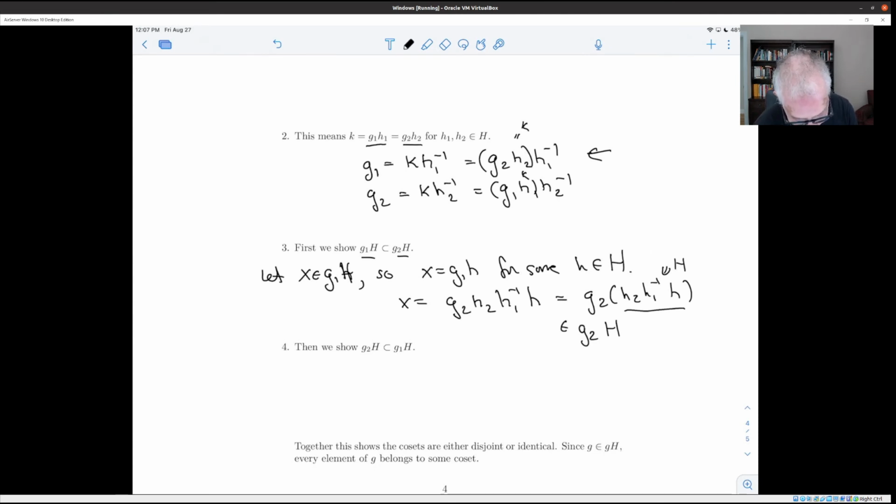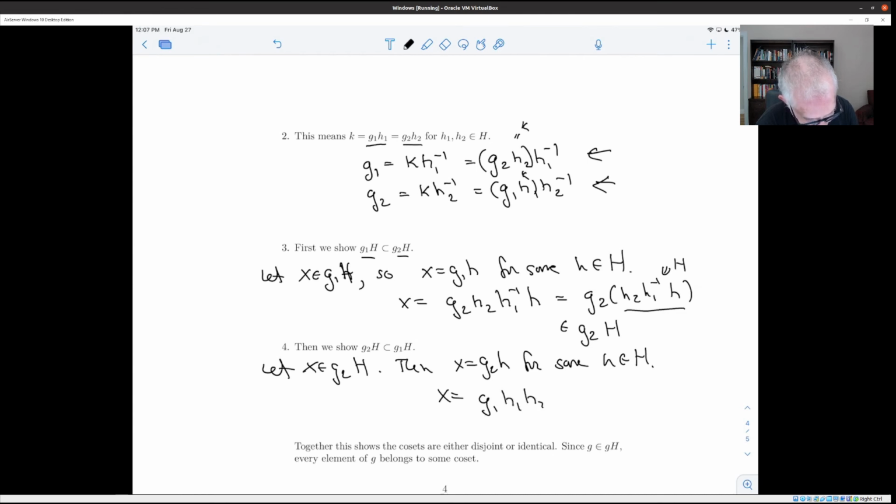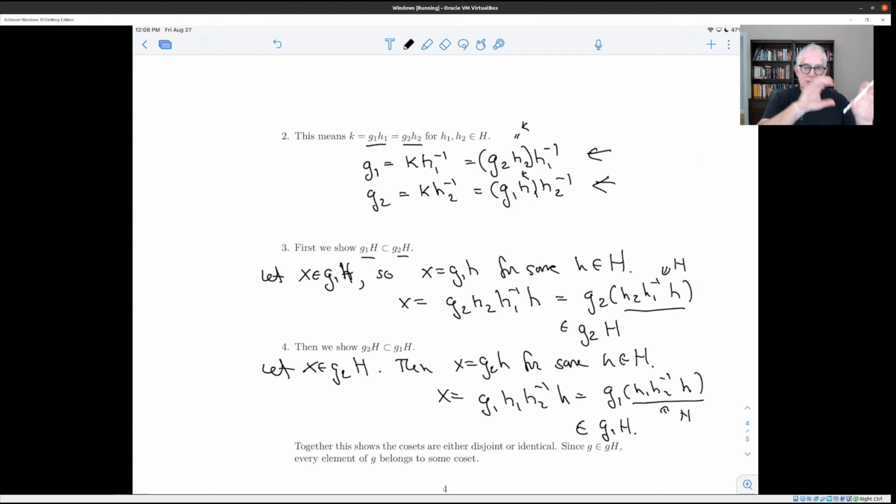Namely, we can take X in G2H, then X is G2H for some H in H. And now we use this formula, and we write X equals G1 H1 H2 inverse H, which is G1 times H1 H2 inverse H. And again, this is in H. So therefore, this belongs to G1H. So since each coset G1H is a subset of G2H and G2H is a subset of G1H, G1H equals G2H.